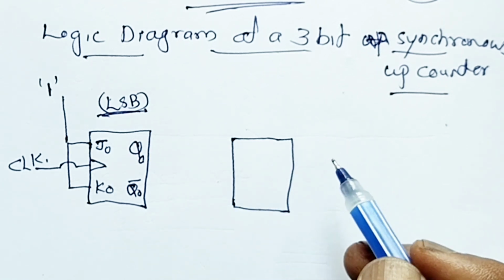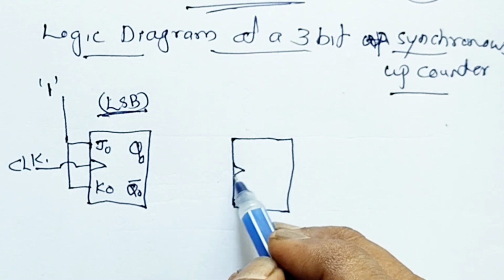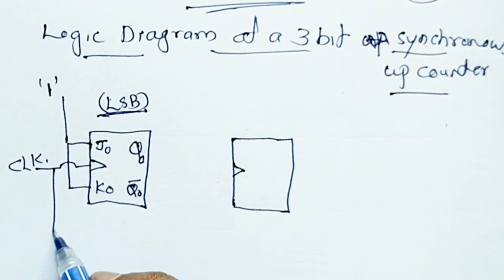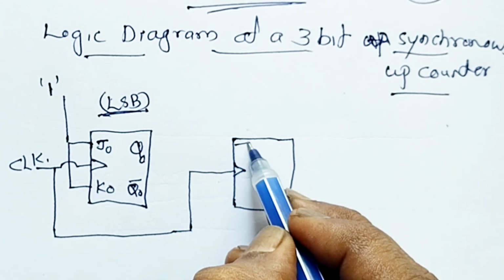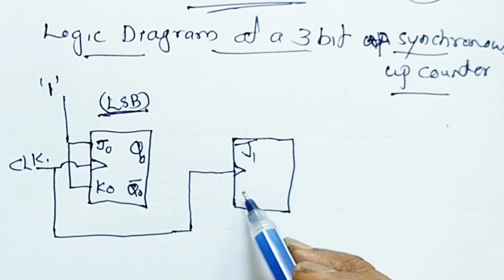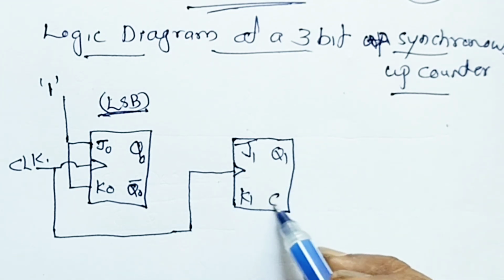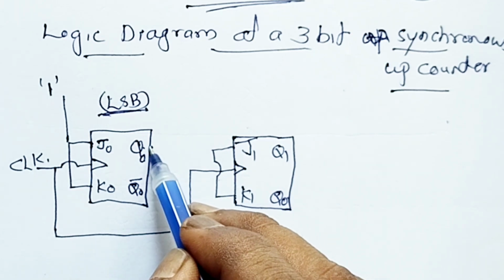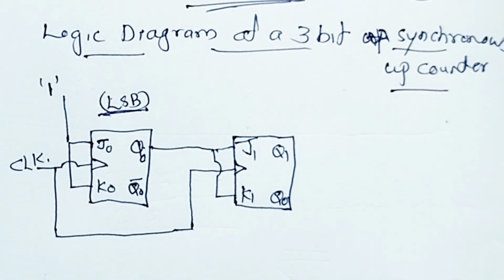And this is the second flip-flop written over. Then the clock of the first is given to the second also, so that both will be getting triggered simultaneously. J1 K1 are the inputs, Q1 and Q1 bar are the outputs, and J1 equal to K1 equal to Q0 is the expression we got, so accordingly it is connected over here.